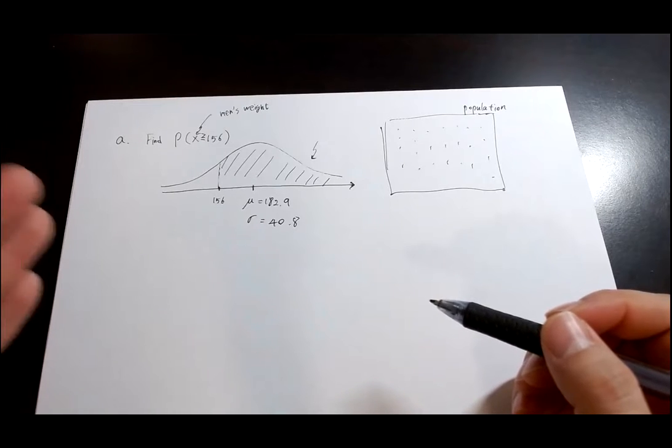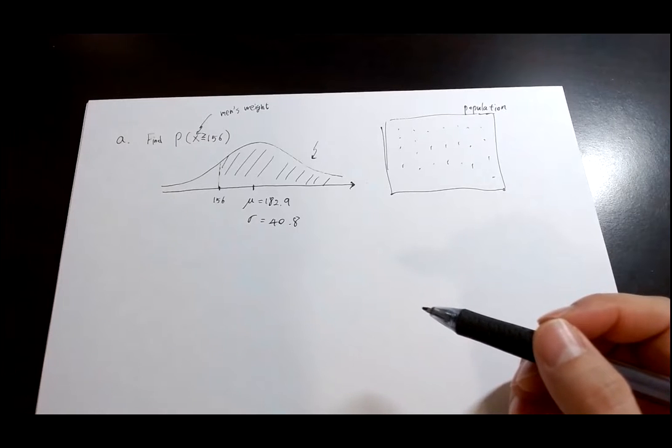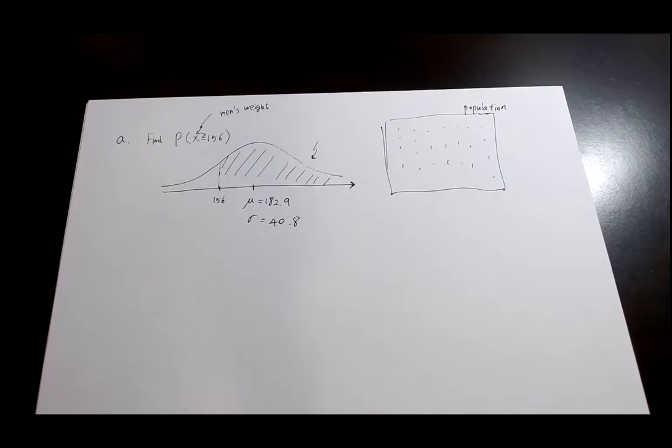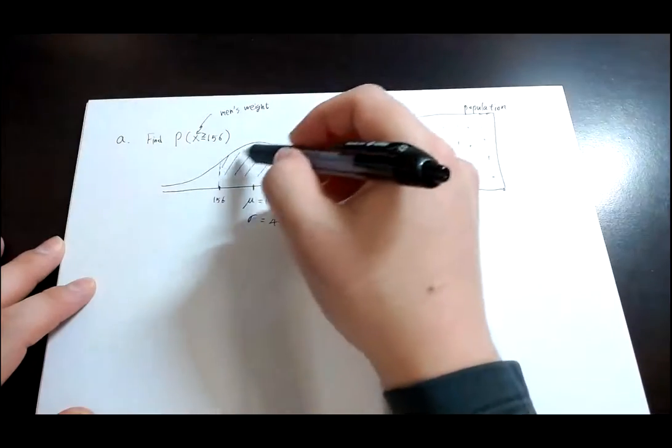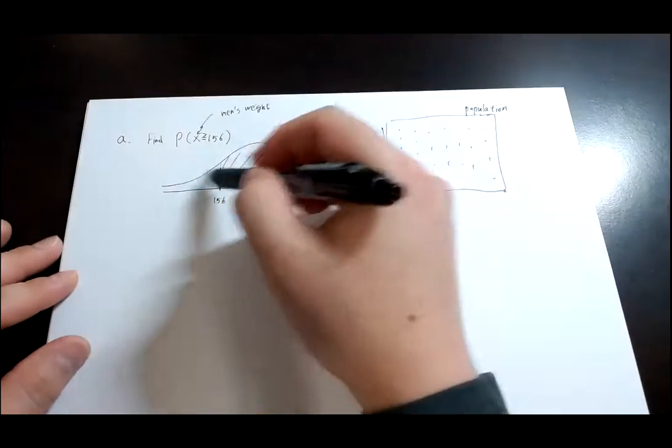The first one is a graph, the second is a table, and the third is a formula. Normally we see the probability distribution table when we deal with a discrete random variable. In this case the weight is a continuous random variable, so we get that graph.